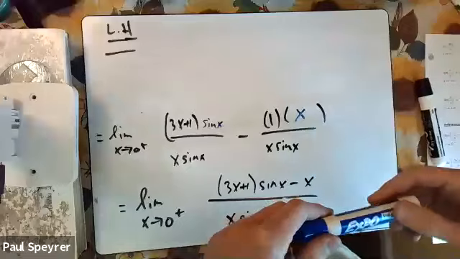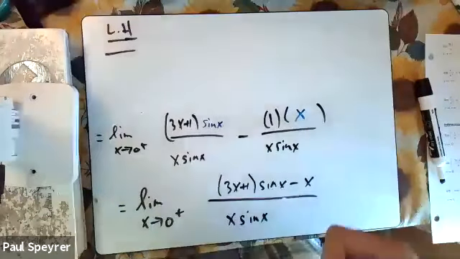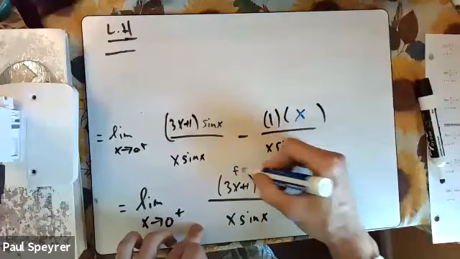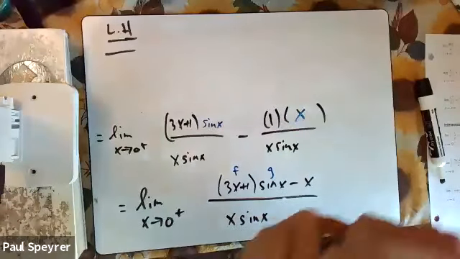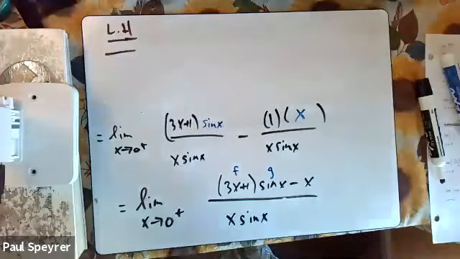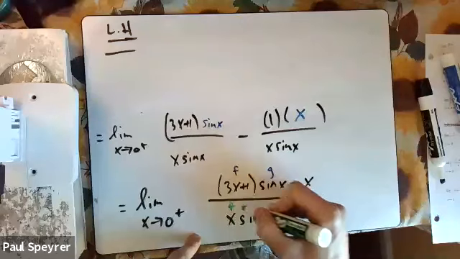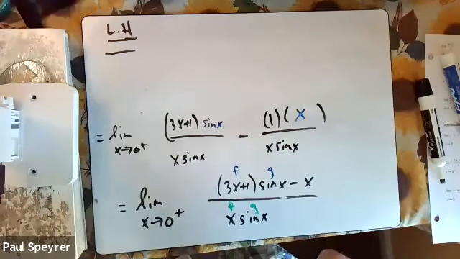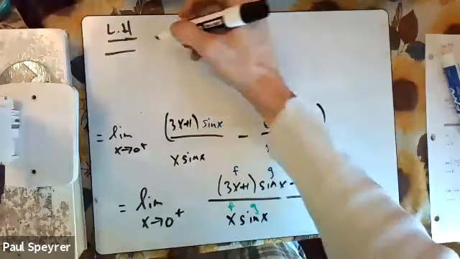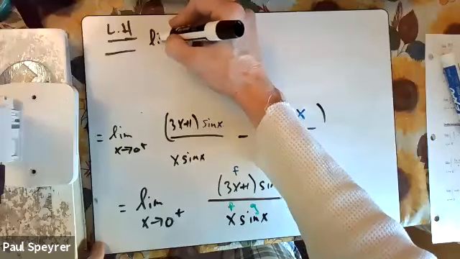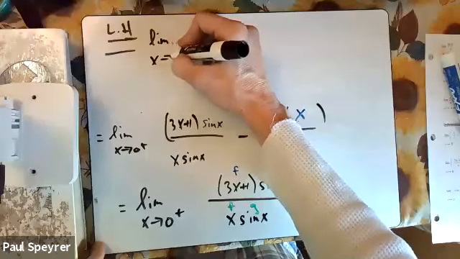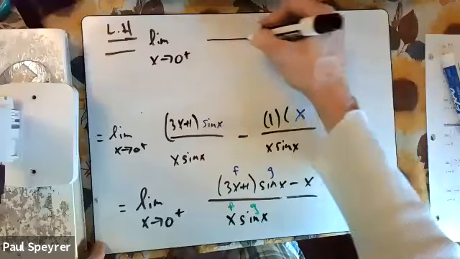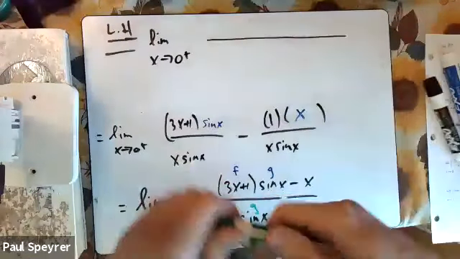Now to do that, what's going to happen? We're going to have product rule twice. We have this f and this g. We also have this f and this g in the bottom, right? So I'll do the denominator first.